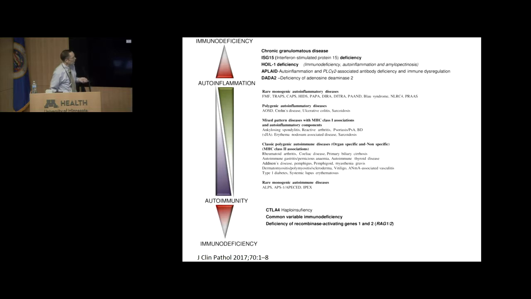So down here, we have disorders of T and B cell function that clearly fit into the category of immune deficiency. Then we have more clearly monogenic disorders that have autoimmunity as well as immune deficiency. Then we get into our classical rheumatic diseases, but as you can see, there are a number of other specialties in here, especially dermatology has a number of disorders.